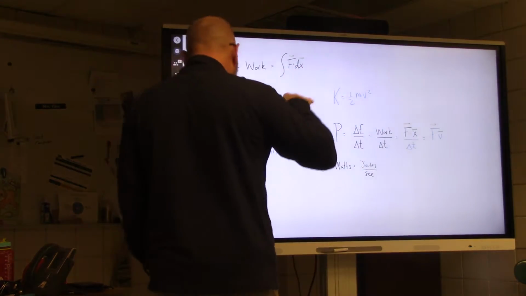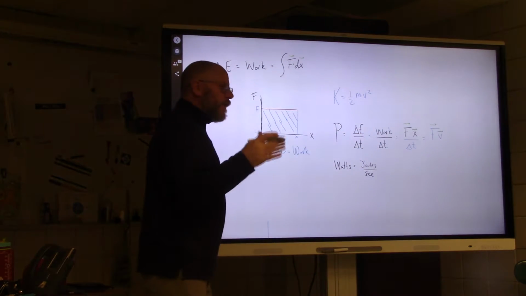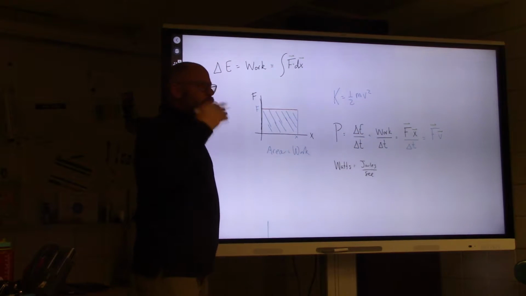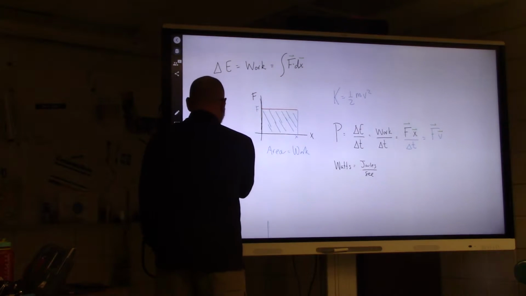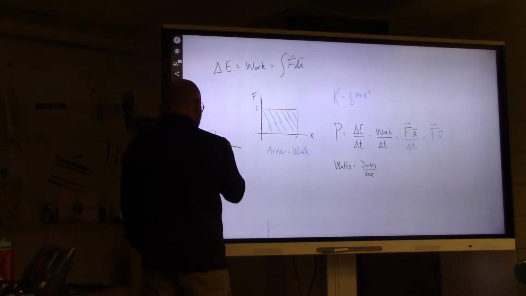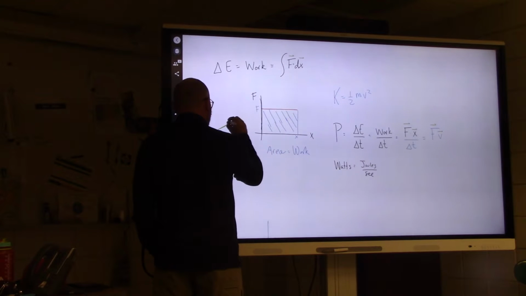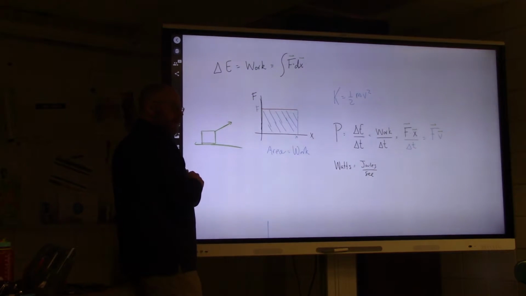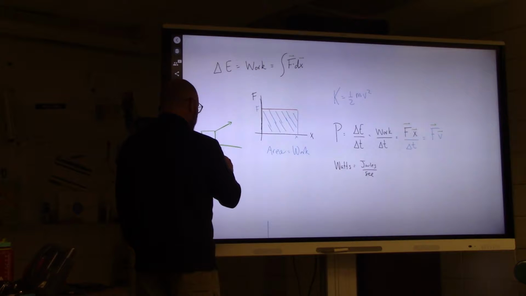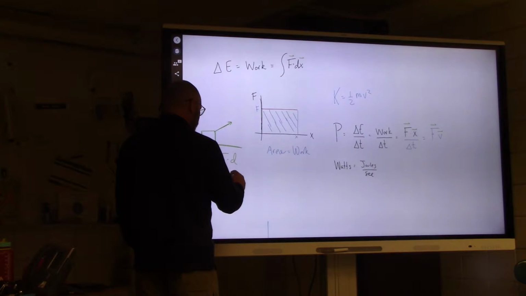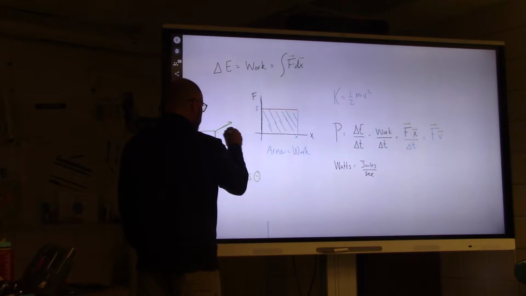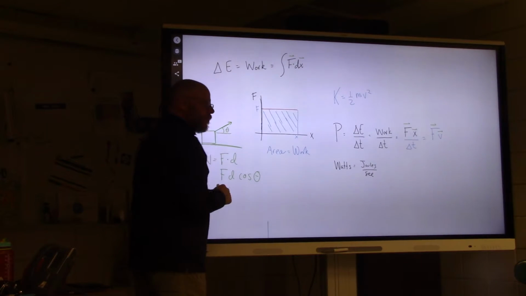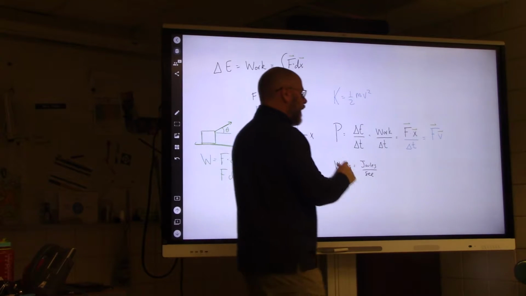If you're pulling it in the direction that it's moving, that's cool. Then you just do F times X or F times D or whatever. But if you're pulling it at some angle, then the work you're putting in is equal to F dot D, which is FD times the cosine of the angle between them. Same thing over here.